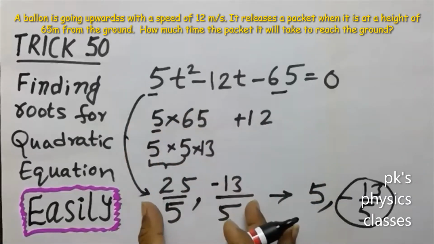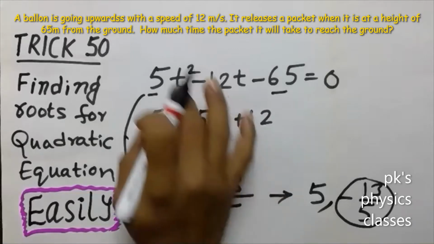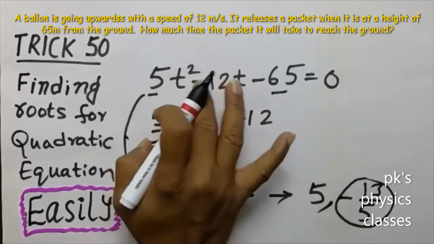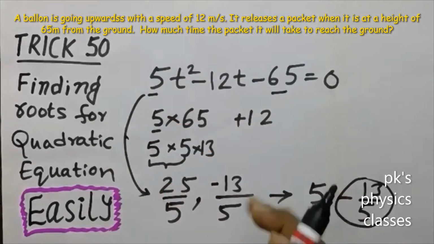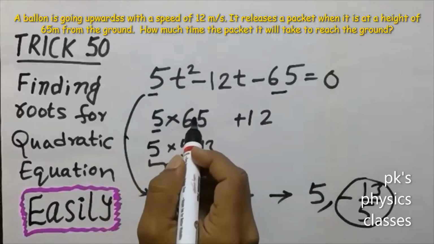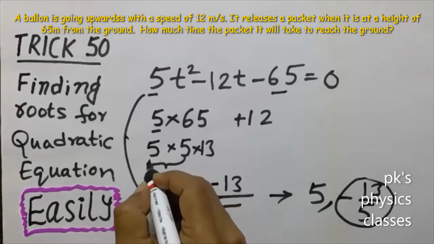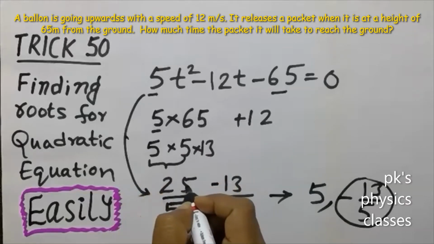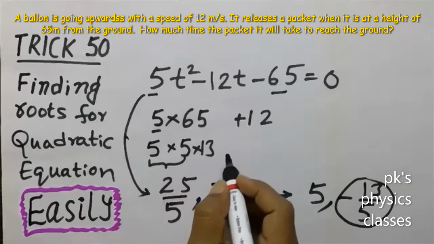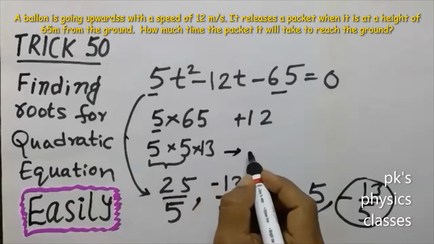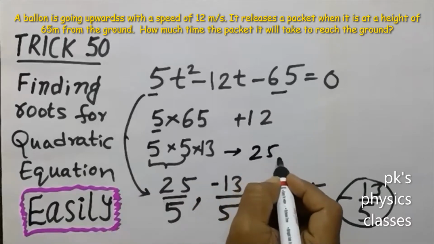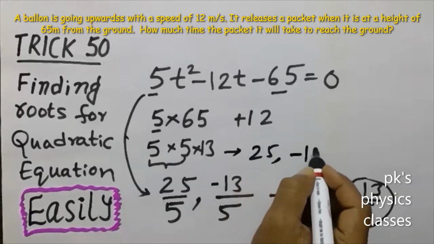To draw the roots directly, just change the sign here only. So instead of minus 12 you just write plus 12. Now you factorize this, and 65 I can write as 5 into 13, and 5 into 5 is 25, and 13 is there here. One more intermediate step is 25 and minus 13.